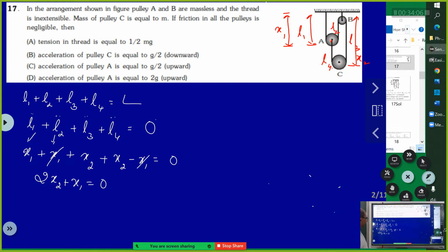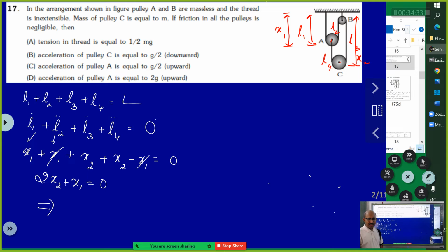What does this equation imply? That the system is going to accelerate, and the tension is 0. That means x2 stands for C, right? So twice the acceleration of C is the acceleration of A, and C cannot accelerate more than g.